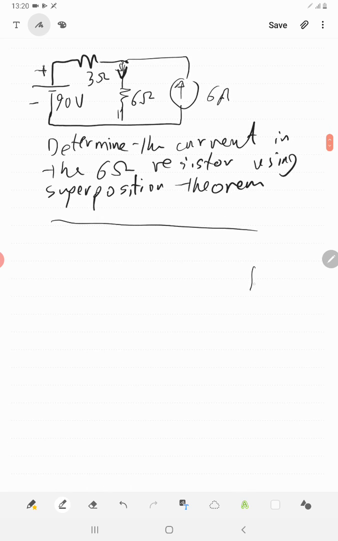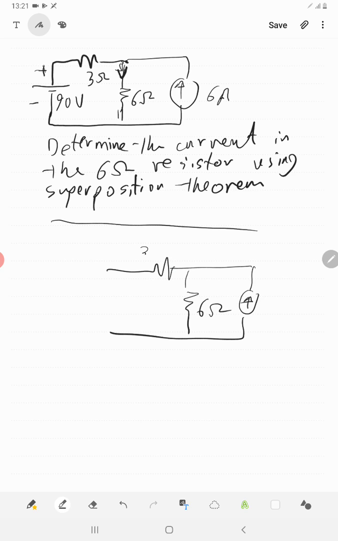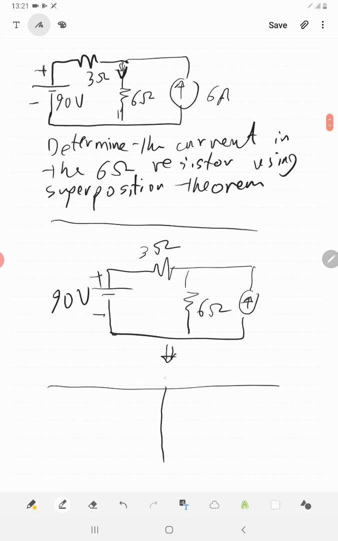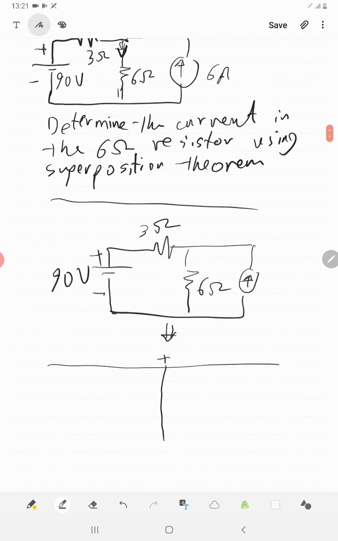So this is the original circuit, a resistance 6 ohms, another resistance 3 ohms, and a voltage source plus minus 90 volts. So we will decompose it into 2 circuits. So this plus this.